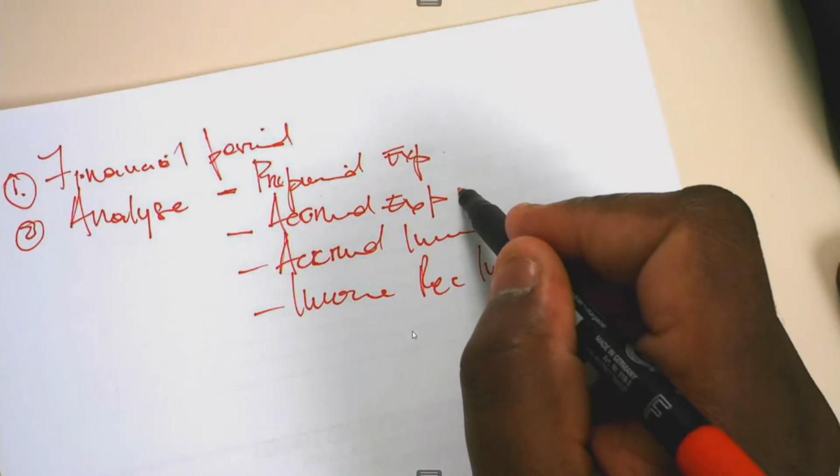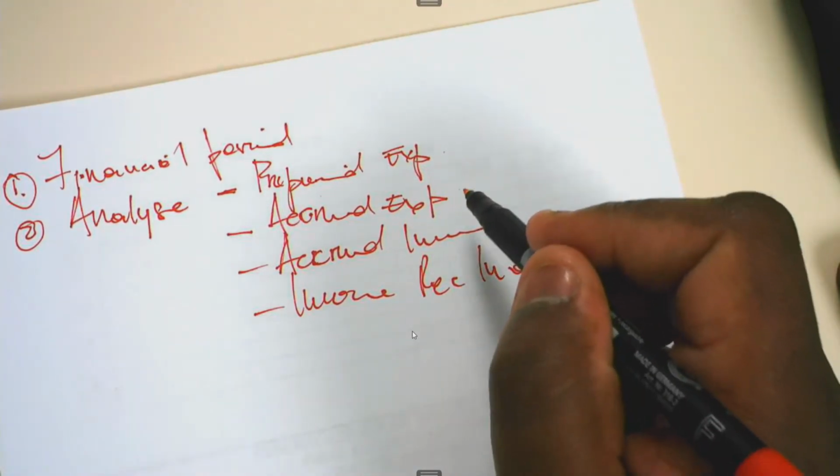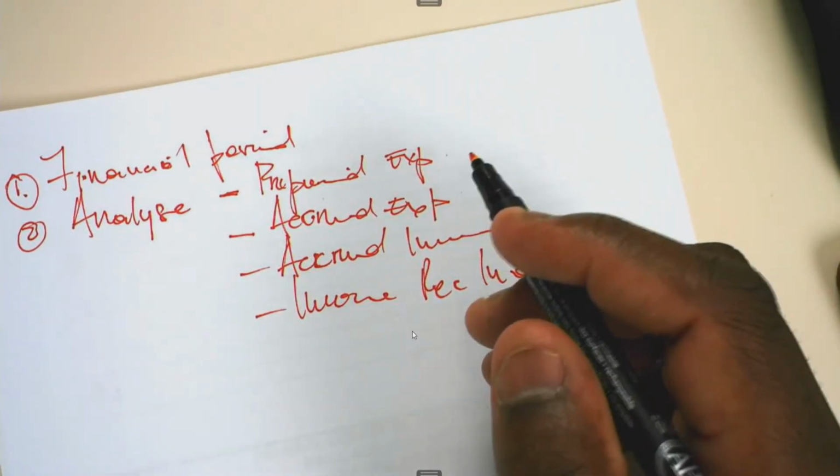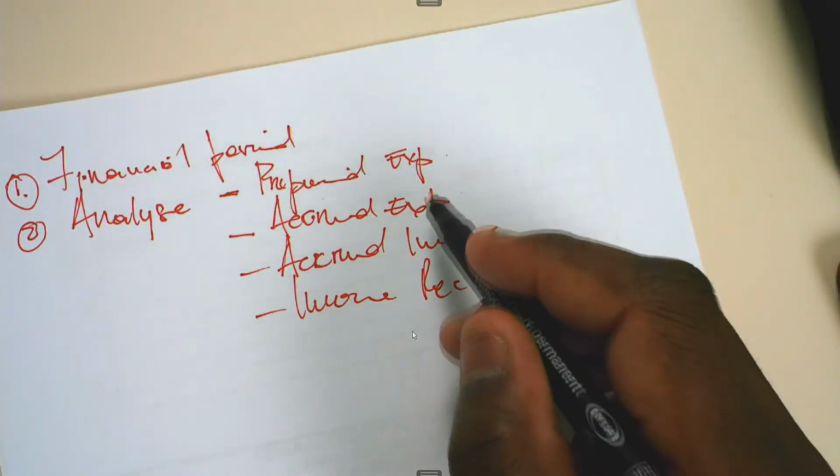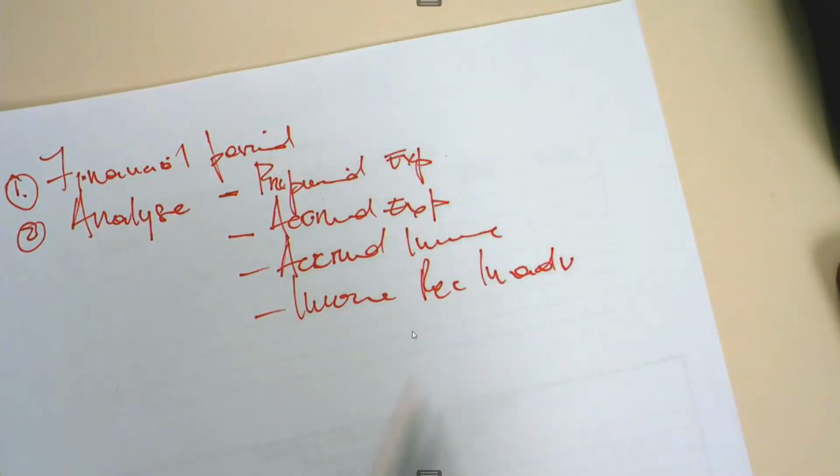Now, how do we know if it's accrued expense? At the end of the financial period, if we still have to pay a particular expense, then it is accrued.